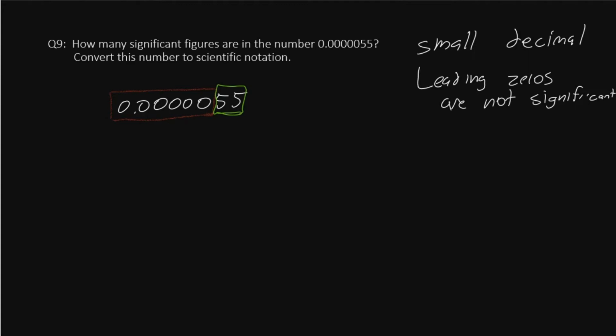Therefore, we can say that we have two sig figs. Therefore, our scientific notation should have 2 digits. Now, once again, we want the decimal point to be between the first two significant numbers.